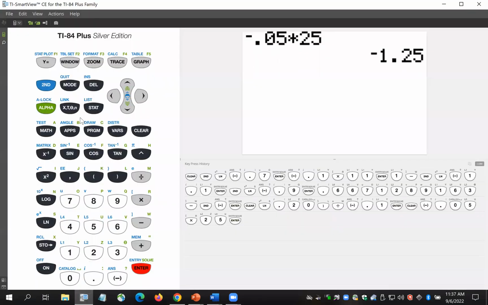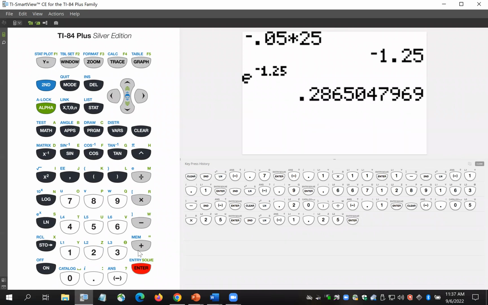Again, the e to the x is above the ln button in blue. So it's the second e to the x. My exponent is negative 1.25, and I enter, and I get 0.2865. The 5 is in the fourth place, 0 is next door, it doesn't bump it.